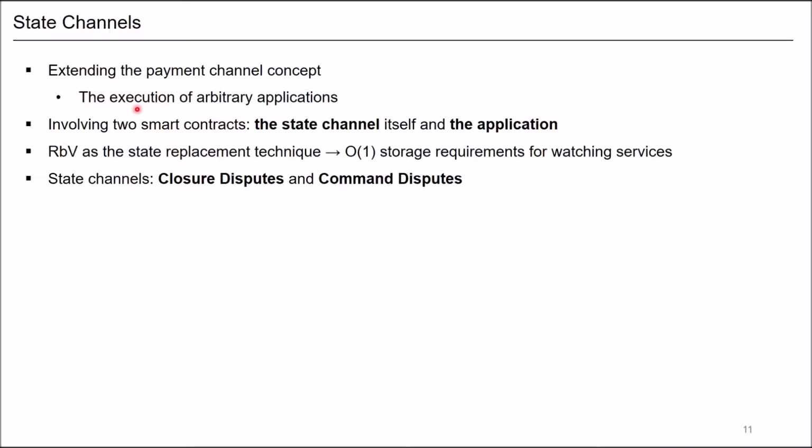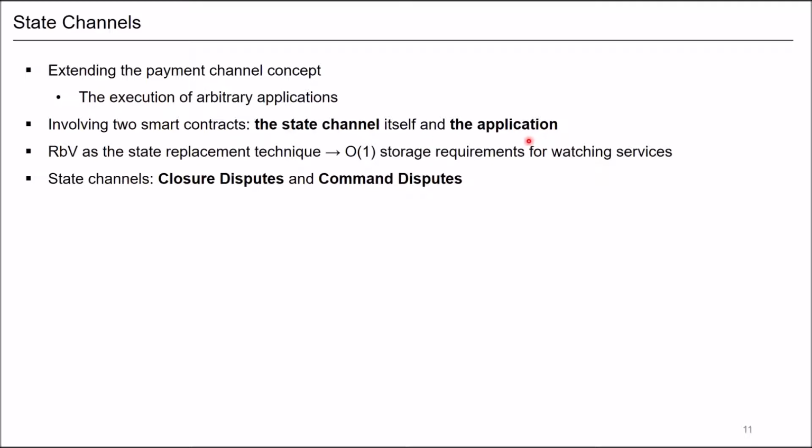State channels extend the payment channel concept toward the execution of arbitrary applications and typically involve two smart contracts, one for the state channel itself and one for the application to be executed.